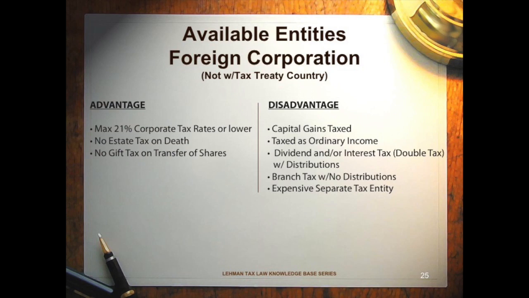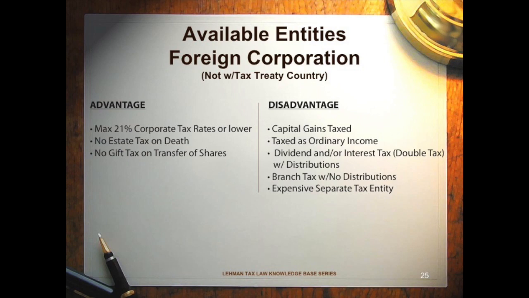The disadvantages here are, as I mentioned, there could be a branch tax for not making distributions. The foreign corporation is going to be a little bit more expensive to establish.